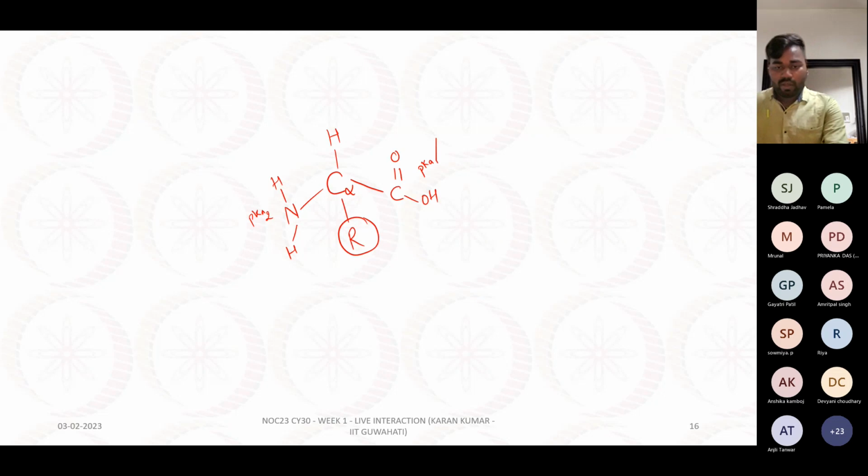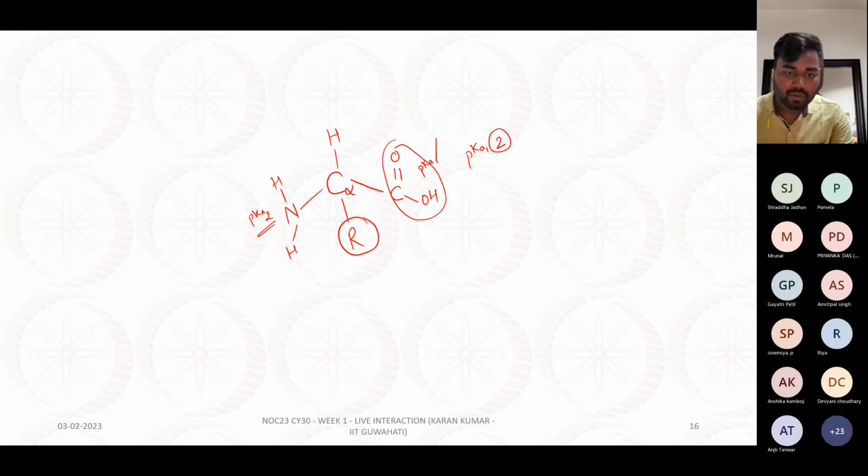Now, normally the proteins are in physiological pH, and as we have discussed in question number 12, the pKa1 of an alpha carboxylic group will be around 2, right?